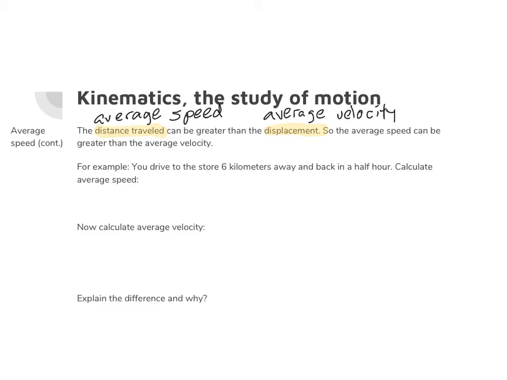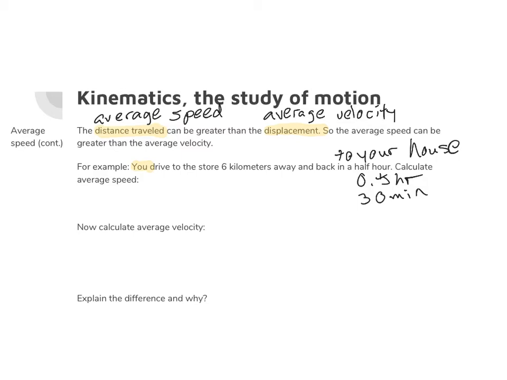So let's take these examples. You drive to the store 6 kilometers away and back to your house in a half hour. A half hour is 0.5 of an hour, that is 30 minutes. Calculate your average speed.